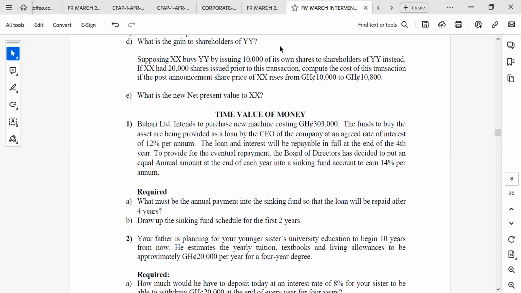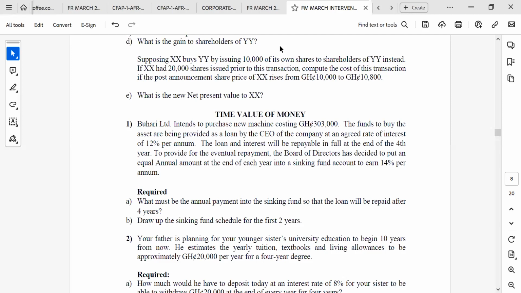So you can see that the company intends to purchase what? A new machine costing 303,000. The funds to buy the assets are being provided as a loan by the CEO of the company at an agreed rate of interest of 12% per annum.